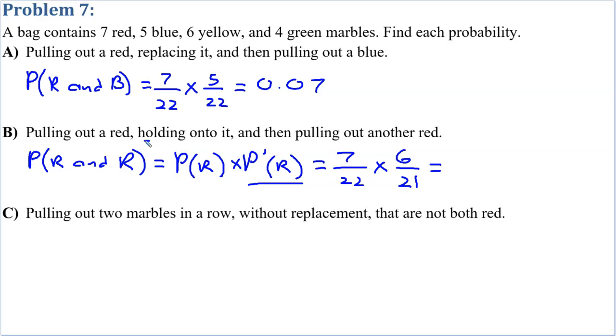In other words, we don't have replacement in this case. Again, multiplying those through, we can just go 7 divided by 22 times 6 divided by 21. And when I do that, I end up with 0.09 for my probability.